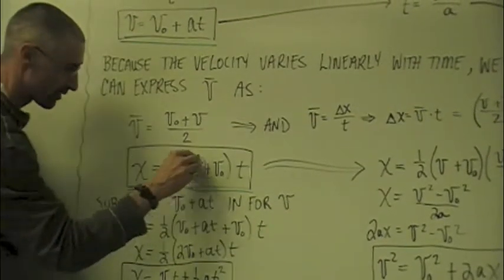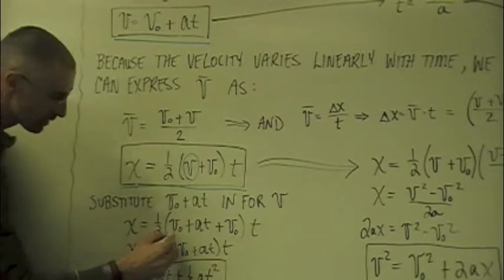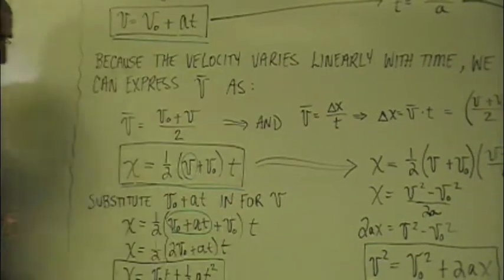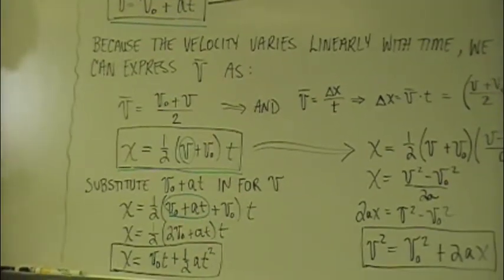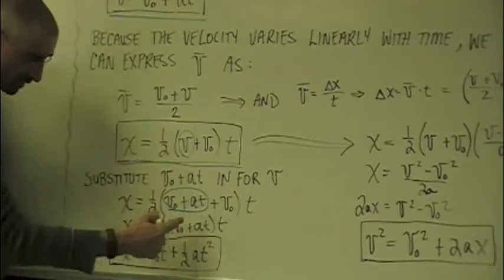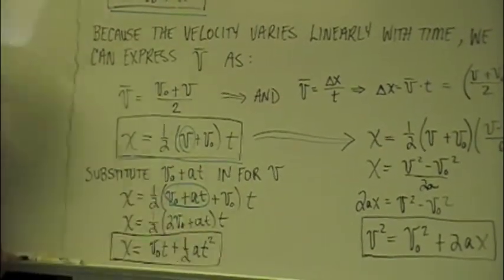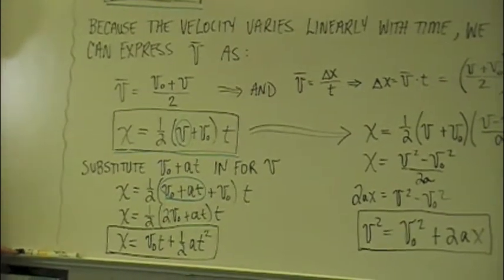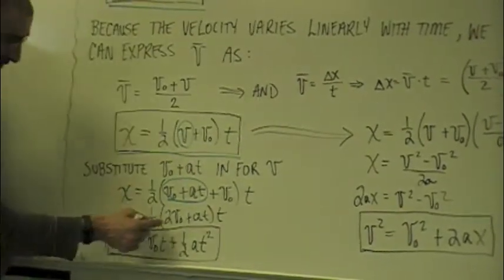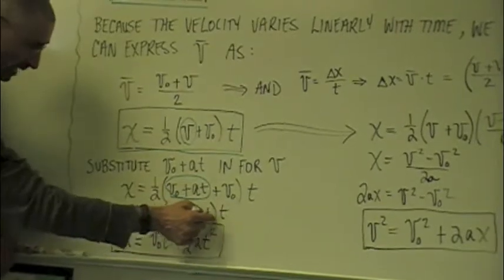Can you guys see that variable right there? Now we've substituted that in for it. Everybody with me? Okay. And then we have plus V naught. So if we have V naught plus AT plus V naught, do we have 2 V naughts then? Okay. So we have 1/2 times 2 V naughts plus AT, times T.